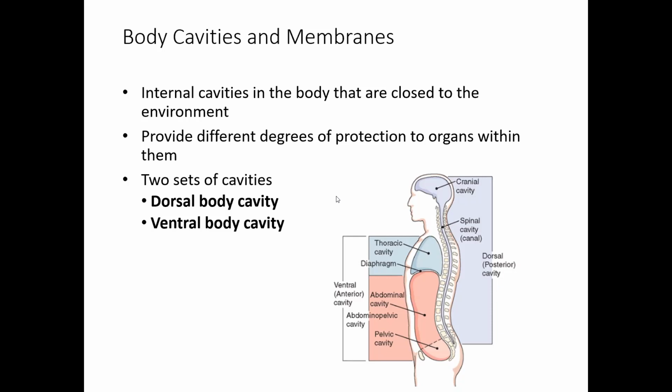And then in the abdominal cavity, we've got the rest of the viscera: the stomach, the spleen, the gallbladder, the pancreas, the liver, the kidneys, the small intestine, the large intestine, the urinary bladder, and the internal reproductive organs in the female. This is what we find in the abdominal pelvic cavity. That's all the ventral side.